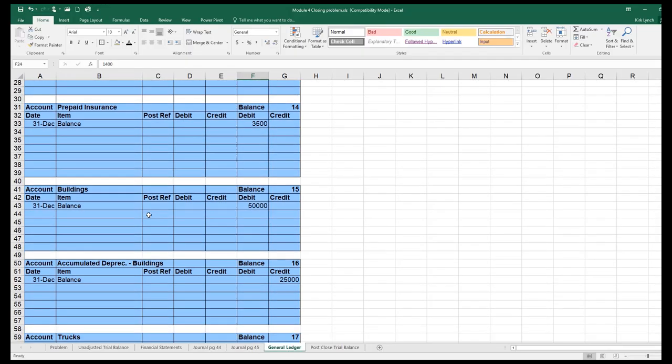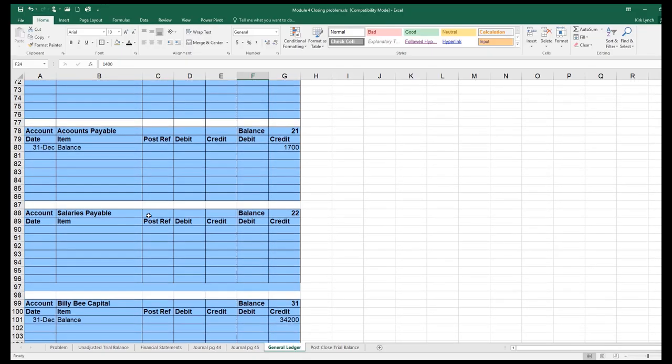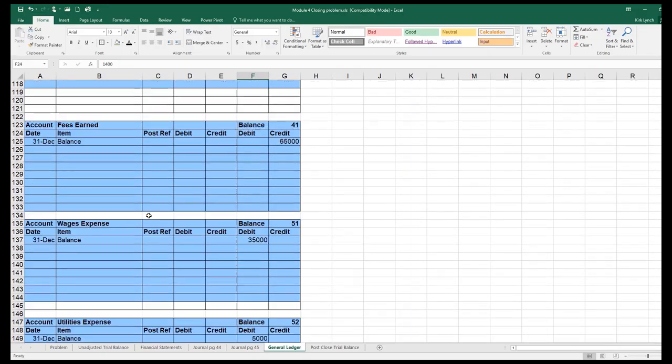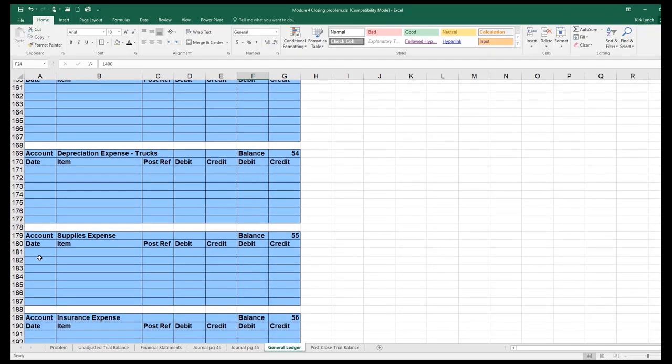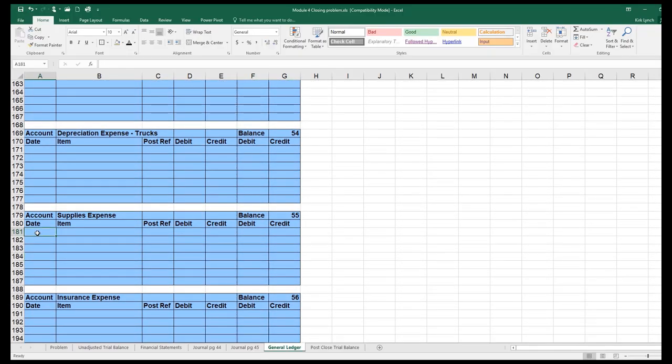So in our general ledger, we will go find supplies expense down here somewhere. It's right here. We're going to put in the date, which is 12/31. And when you're doing adjusting and closing entries, we do use the item column, and we note that this is an adjusting entry.